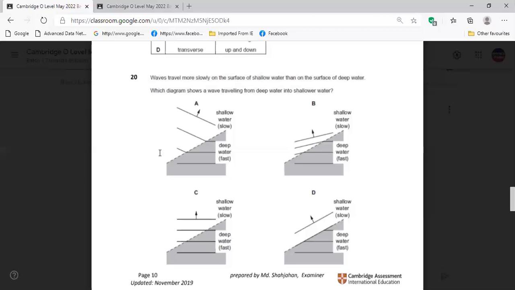Sir, B. Yes. Can you explain? Sir, when the water is traveling from shallow to deep, then the speed will always increase, and the wavelength will increase as well. So what is happening here?